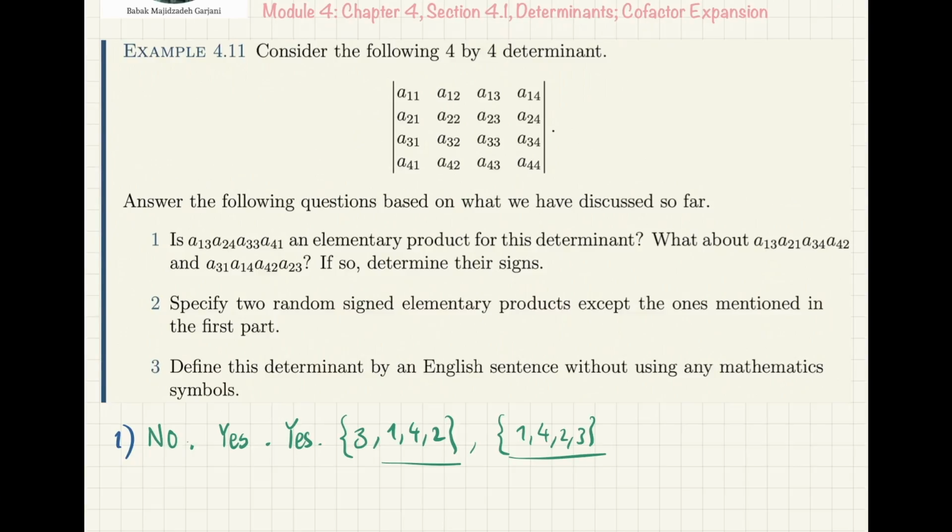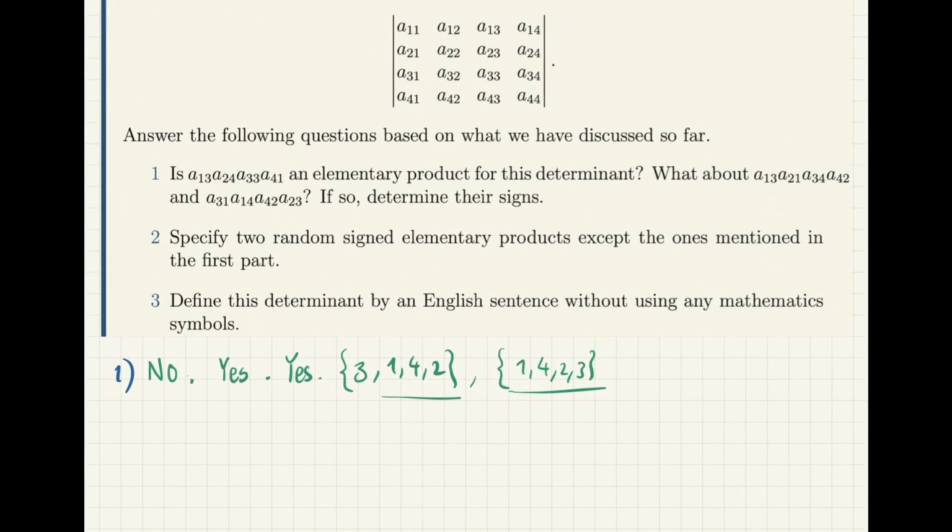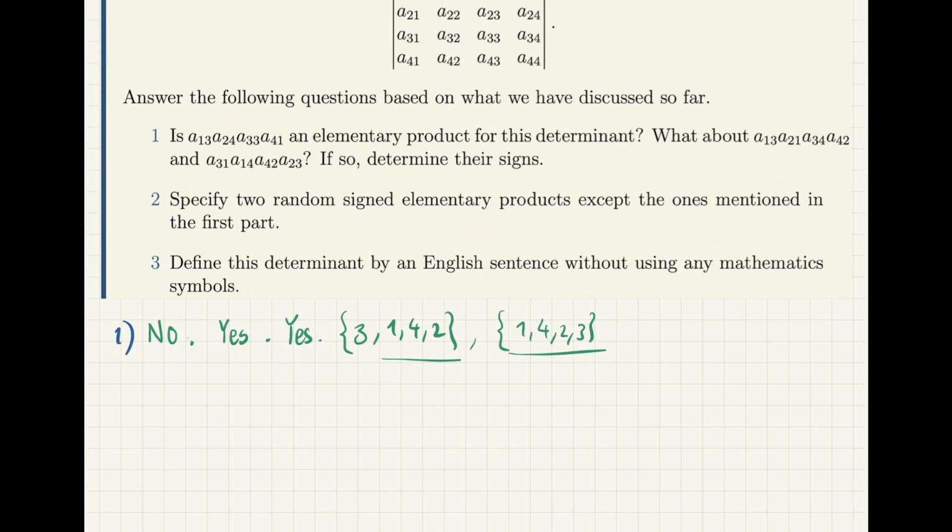Okay, now if so, determine their signs. Yes, so we want to determine the signs of each one of them. So let us consider the first one. The first one is in order. So it is A13, A21, A34.